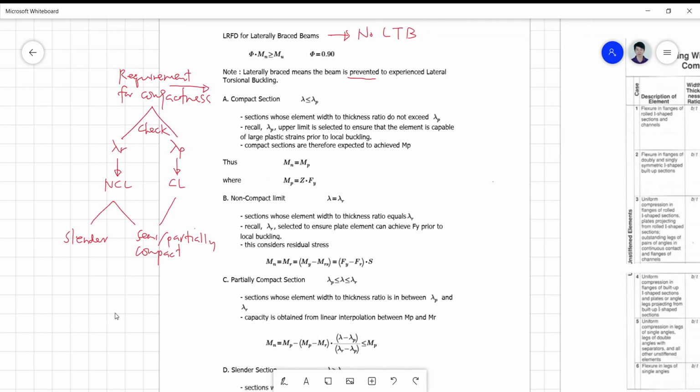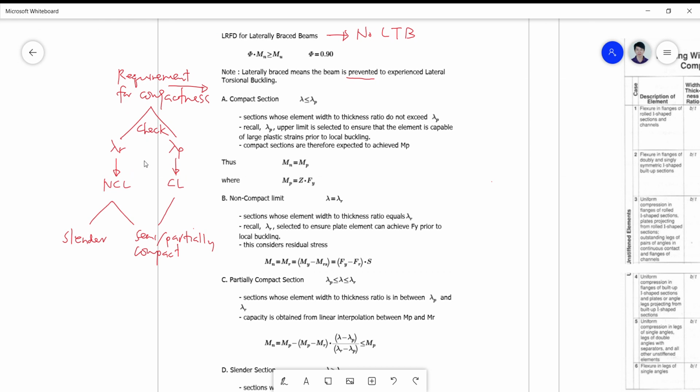Okay, so this limit for the width to thickness ratio is based on the plate stability concepts that we have discussed earlier.